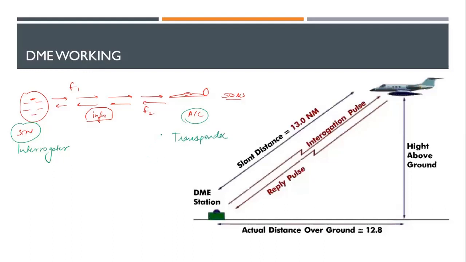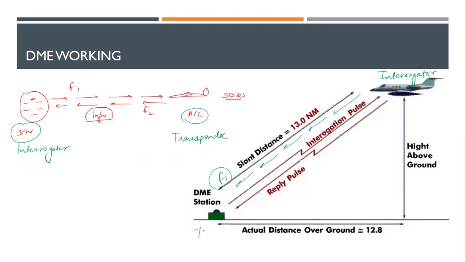In your DME, there is a small difference. The system remains the same because it's a secondary radar system, right? This whole system is a secondary radar system. But in your DME, the aircraft becomes the interrogator. So the policeman is in the aircraft and it is the one who will ask the question, who is around me? So it is the one who will send out the signal first, that is the frequency 1, to the DME station.